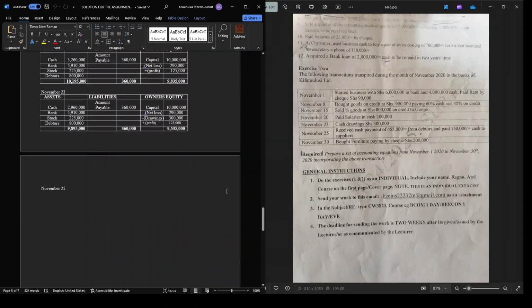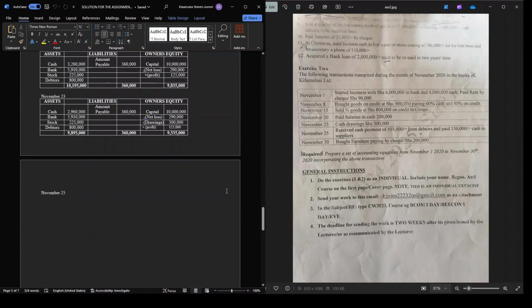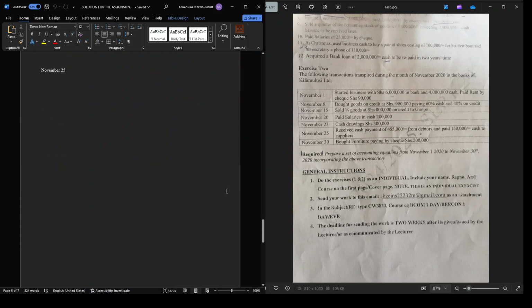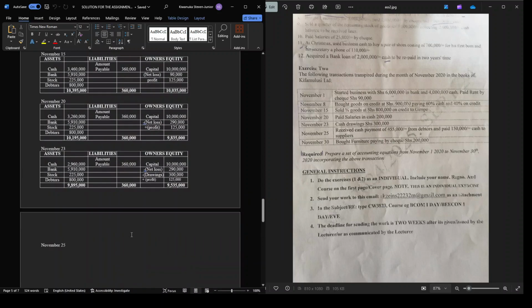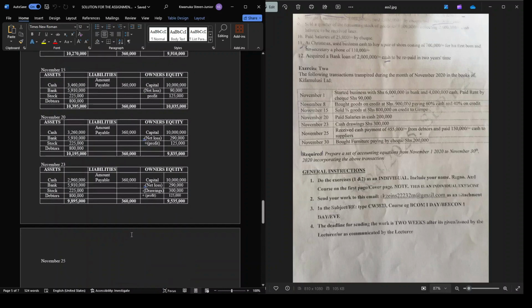And then we also have drawings, they remain unchanged, and profits unchanged. This net loss remains unchanged, but debtors reduce. Amount payable, this 210.